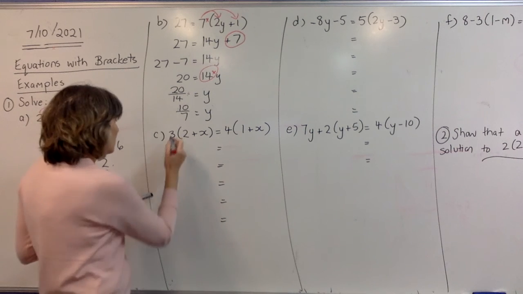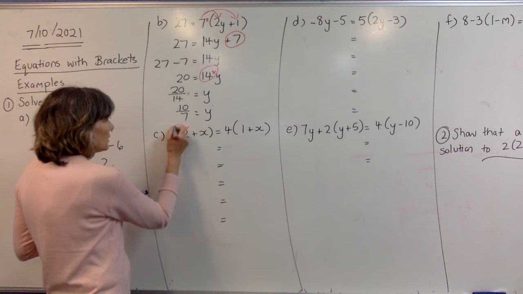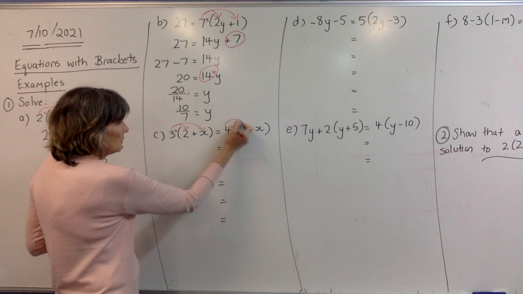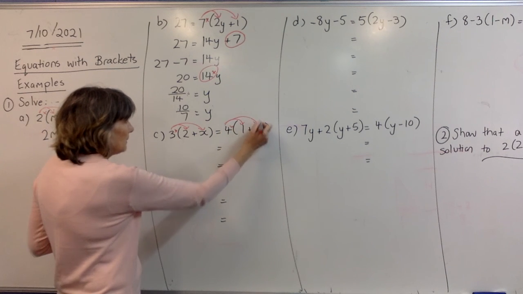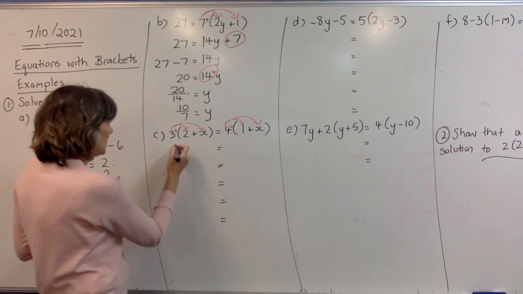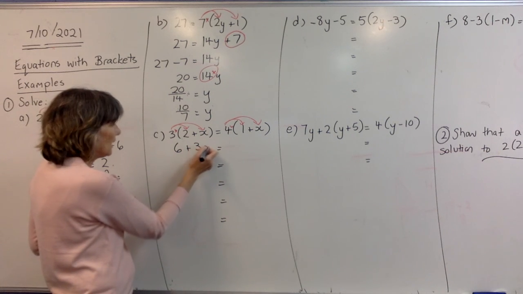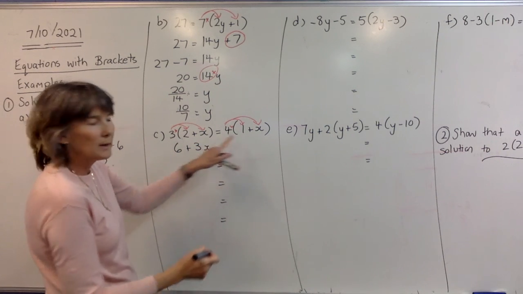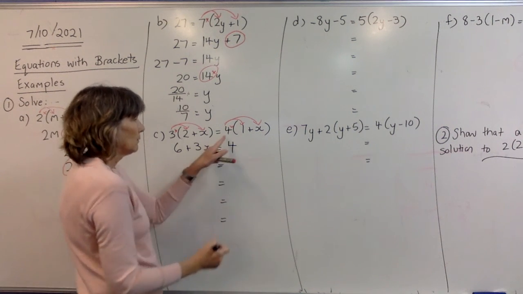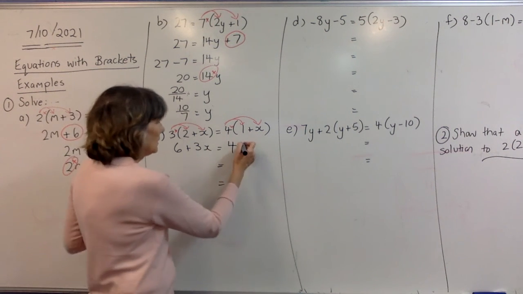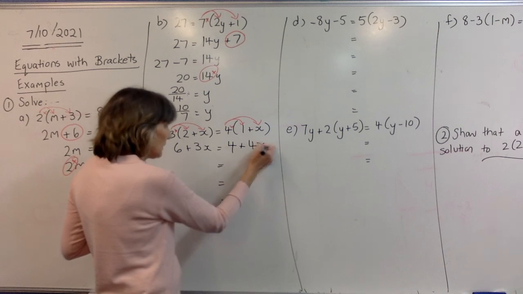All right, looking at the next one, we have 2 lots of brackets to expand. So we'll just take it bit by bit. 3 times 2 is 6. 3 times positive x is positive 3x. 4 times 1 is 4. 4 times positive x is positive 4x.